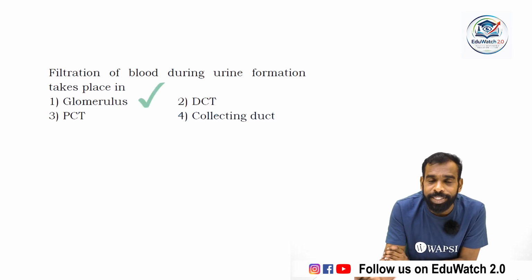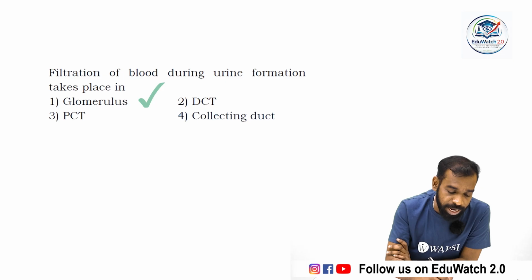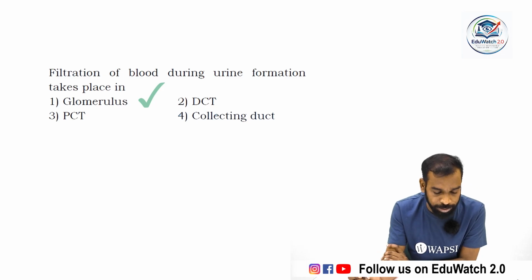So glomerulus is the correct answer. PCT, DCT and collecting duct are regions of the nephron associated with tubular secretion and tubular reabsorption.